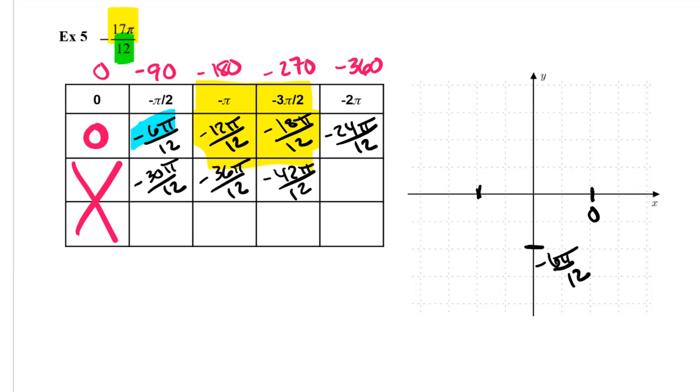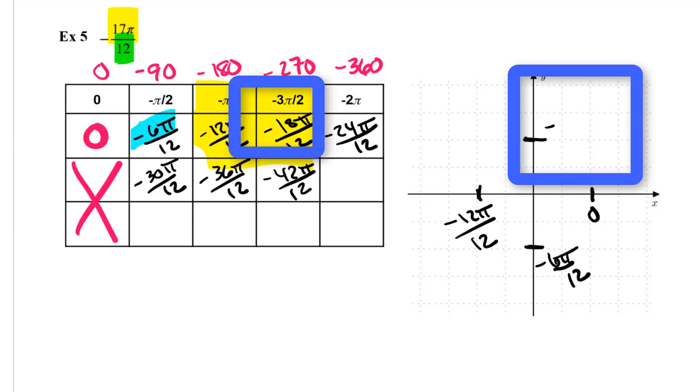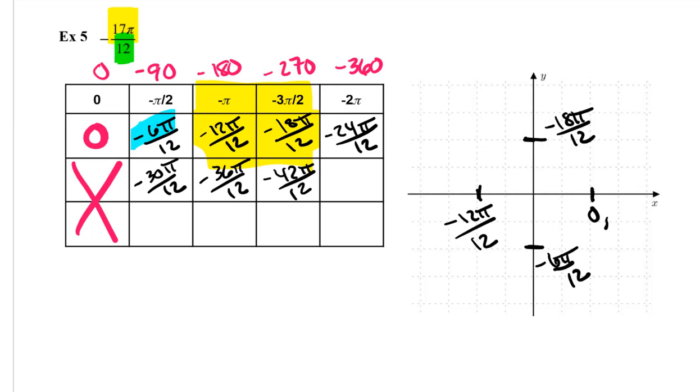And in the beginning, you might have to draw these values on there just to help it make sense a little bit for you. And then after a while, you'll be like, okay, I got this. And then, of course, the last one there would be negative 18 pi over 12. And where 0 is, that would also be the same spot as negative 24 pi over 12. Now, we're somewhere in between negative 12 pi over 12 and negative 18.